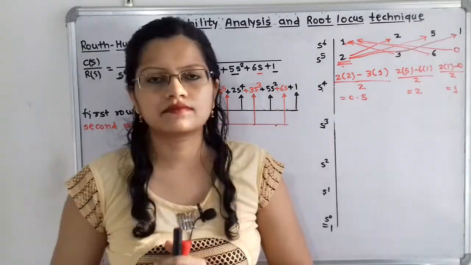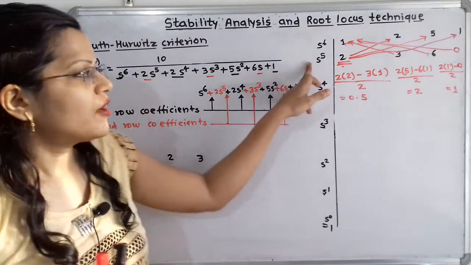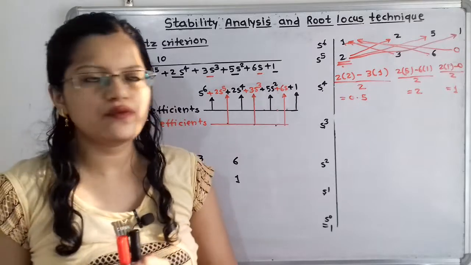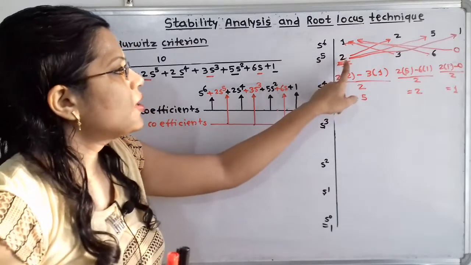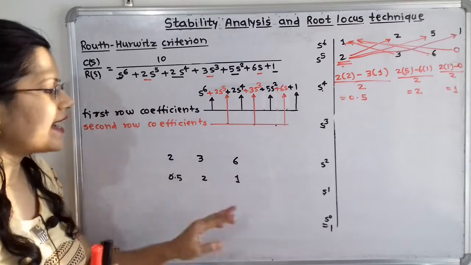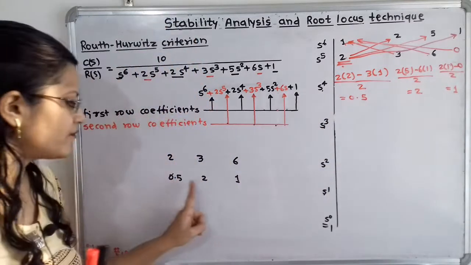Now I will rewrite the numbers in the rows of s raised to 5 and s raised to 4. The numbers are 2, 3, 6, and then 0.5, 2, 1.